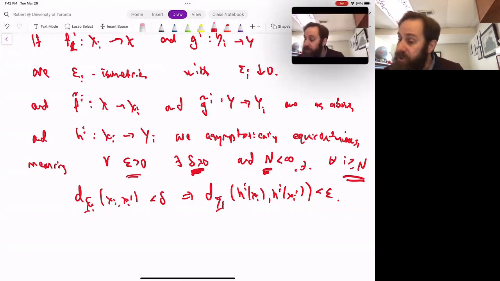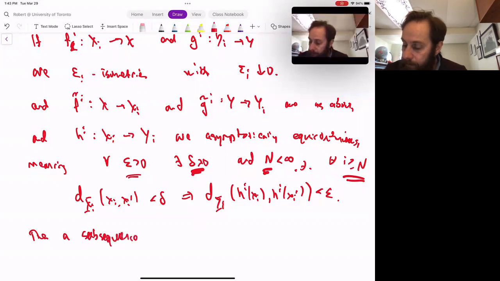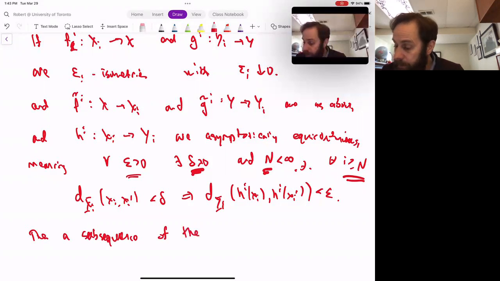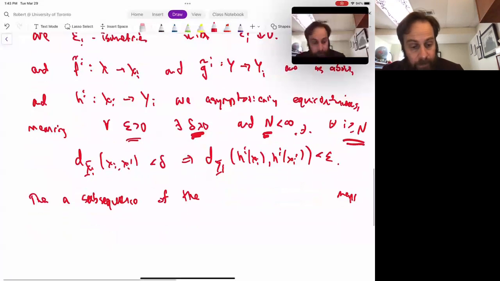And so what's the conclusion of this? This is the hypothesis of this kind of Ascoli-Arzela theorem. And the conclusion is then a subsequence of the maps. So I want all my maps to be defined on the same space.